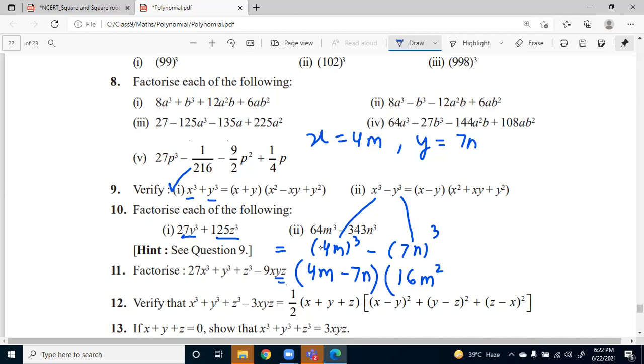So 4m into 7n, that is making 28mn, plus y square. So 7n square, it is 7 sevens are 49n square. So this completes our answer. So see, only the identity we need to identify and then just put the values.